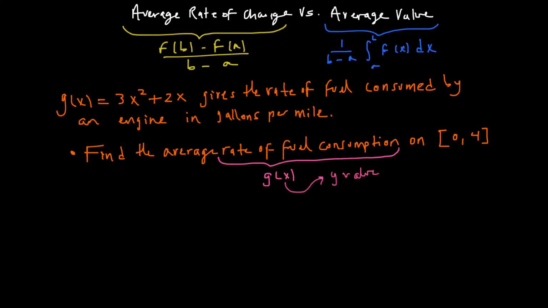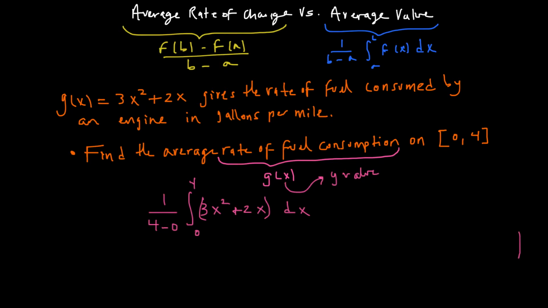So then this becomes 1 over 4 minus 0 times the integral from 0 to 4 of the function g of x, which was 3x to the second plus 2x with respect to x. Maybe we should put parentheses there.